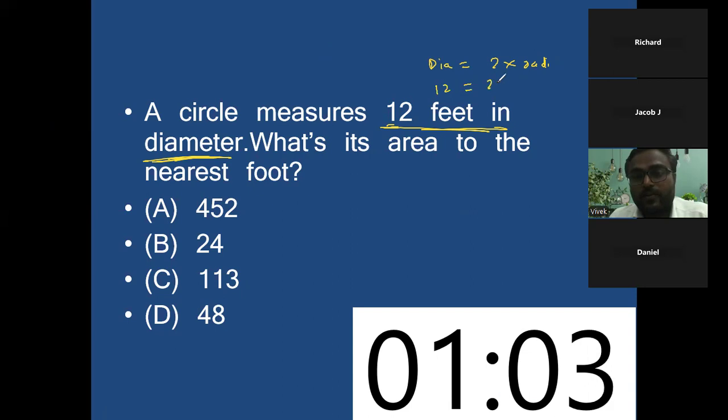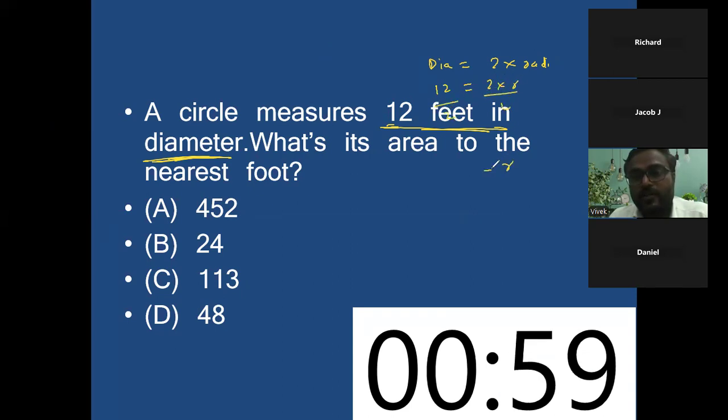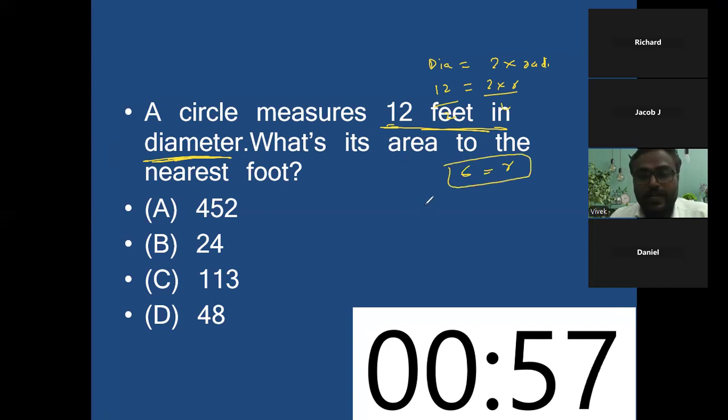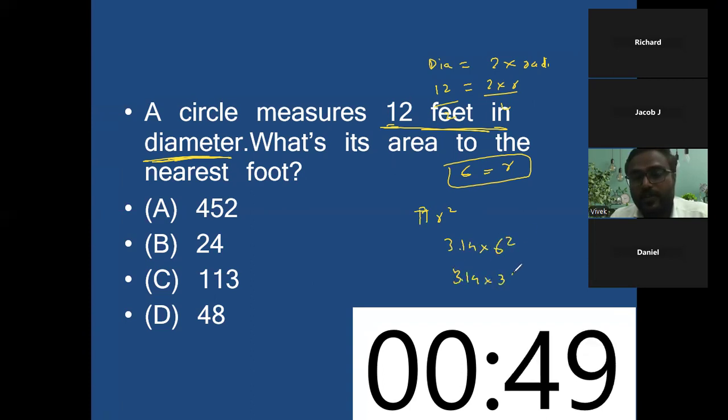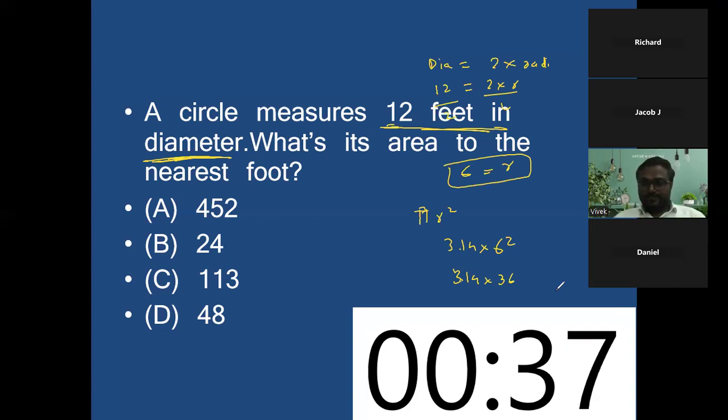So if it's 12 equals 2 times r, divide both sides by 2, radius will be equal to 6. Area is going to be pi r square, 3.14 times 6 square, 3.14 times 36. If you multiply it, you'll get the answer. I think Jacob got it right.